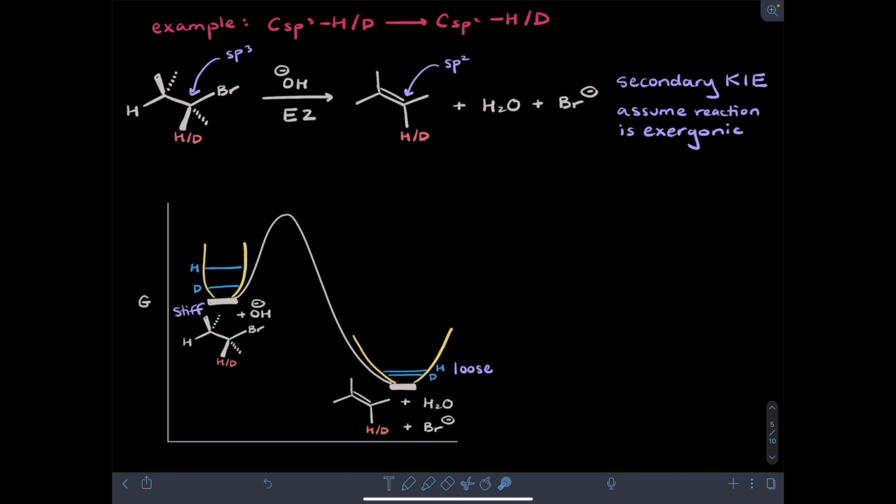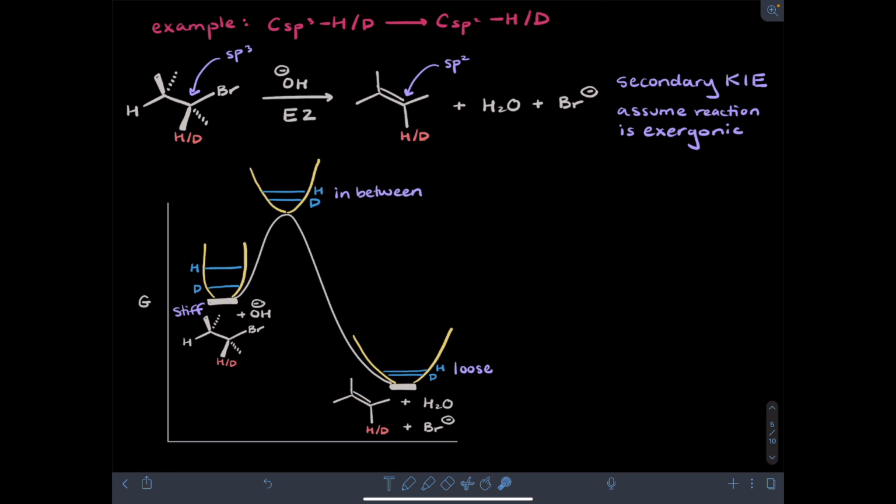Where I need to fill in the gaps is thinking about the transition state. The transition state is being converted between these two hybridization extremes, and it's going to look in between those two extremes as well.